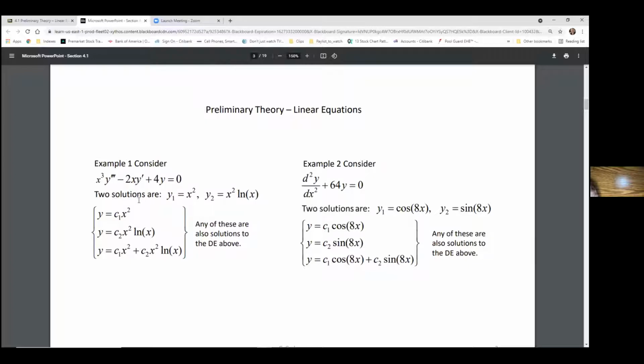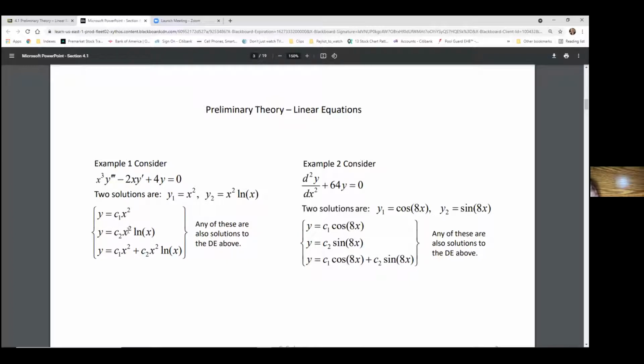Two possible solutions are x squared, there may be others, and x squared times the log of x, right? If you plug these in here, you'll see that these are two possible solutions to this differential equation. So if these are two possible solutions, all we're saying is that any of these are also a solution. In other words, C1 times x squared would be a solution.